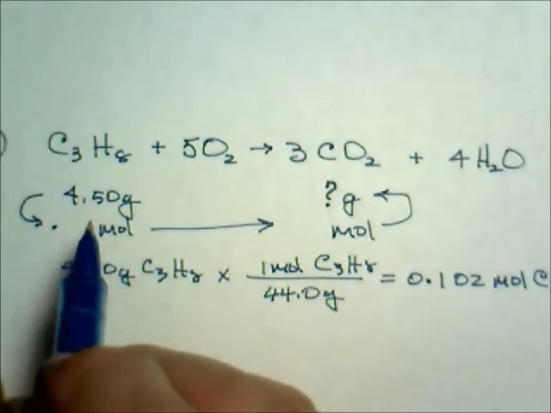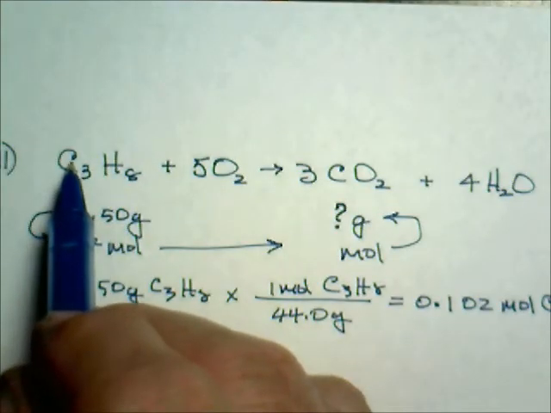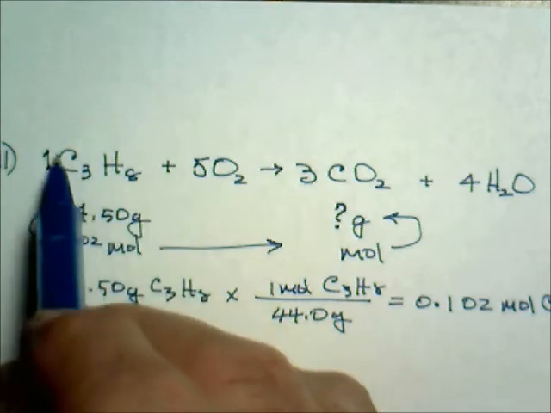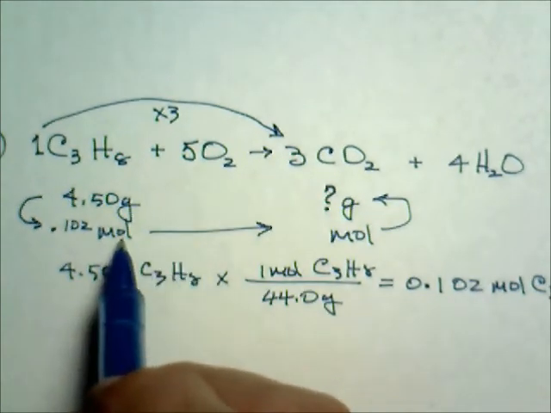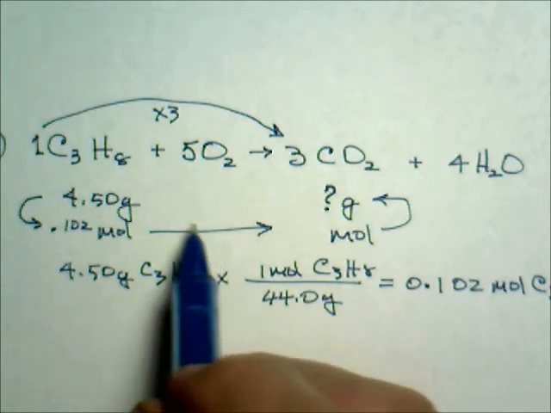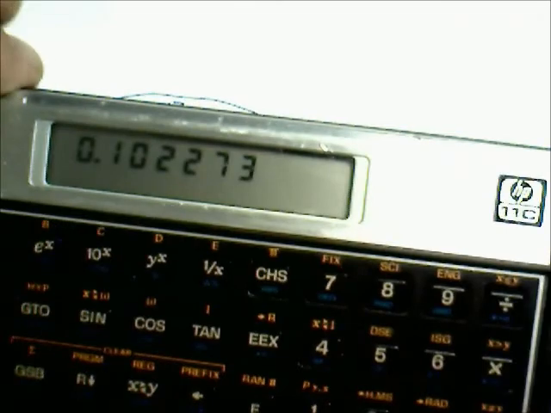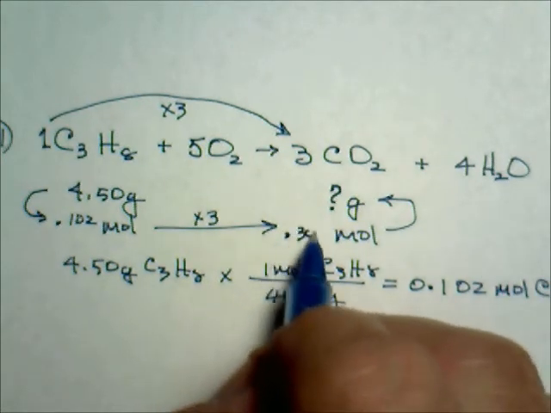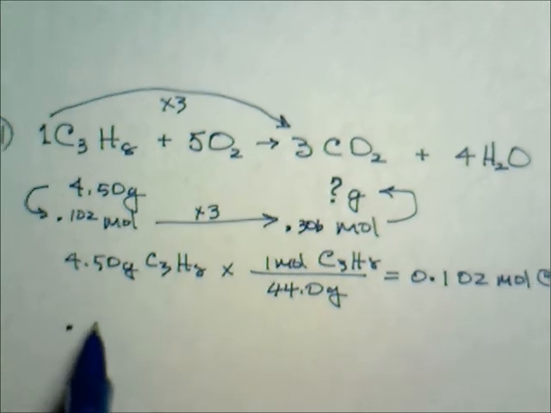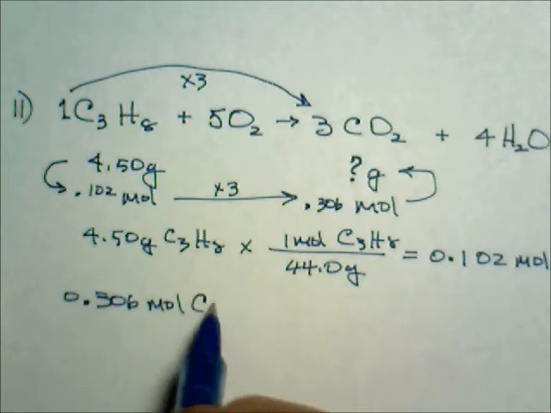So we have our 0.102 moles here. Again, we look at our coefficients. Here's our invisible 1. To get from 1 to 3, we'll multiply by 3. To get from moles of propane to moles of carbon dioxide, we'll multiply by 3. And so we end up with 0.102 times 3 is 0.306 moles of carbon dioxide.